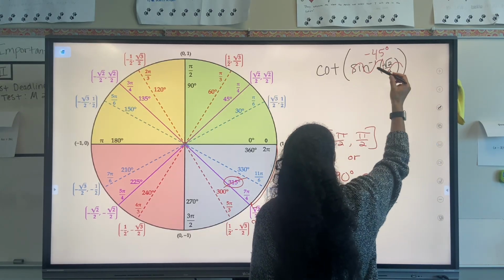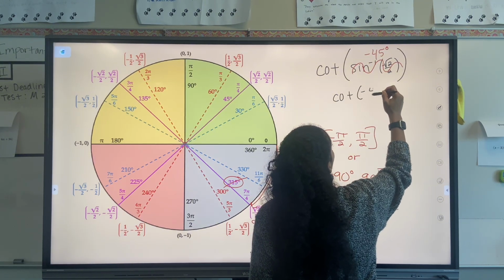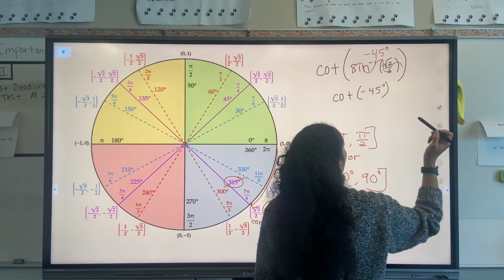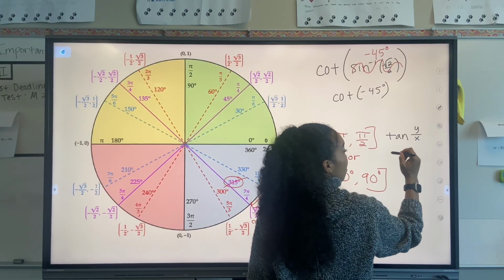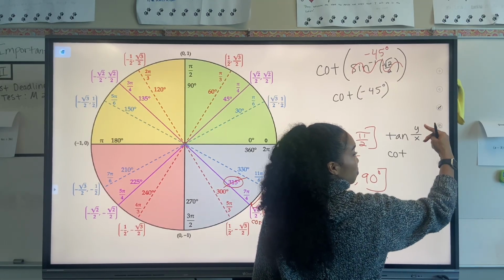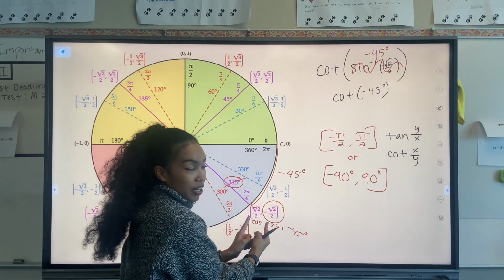Now we're going to answer the question, what is cotangent at negative 45 degrees? Well, remember, tangent is y over x. That means cotangent, you just flip it, is x over y. So let's look at the coordinates right here.